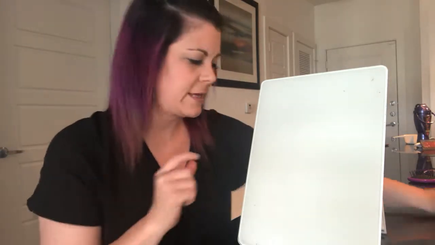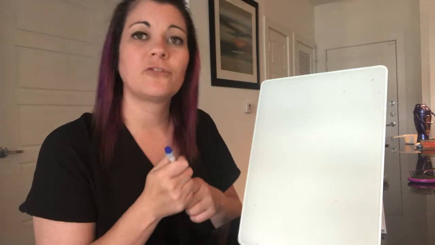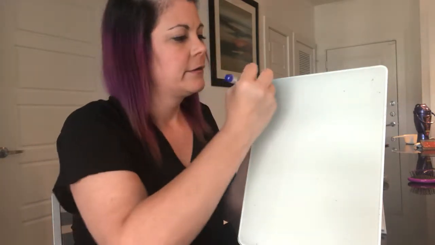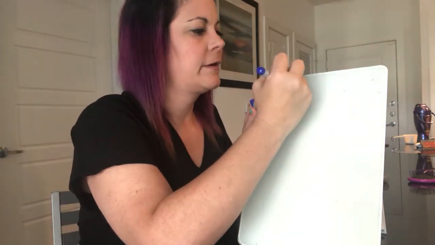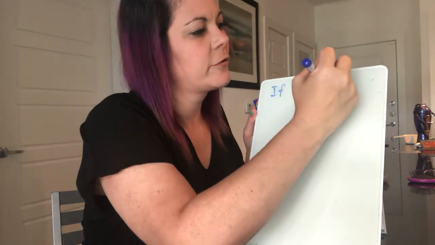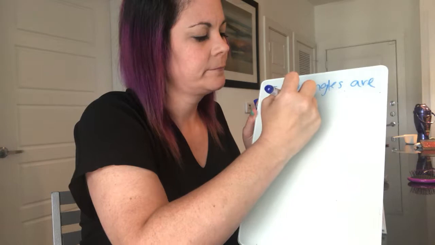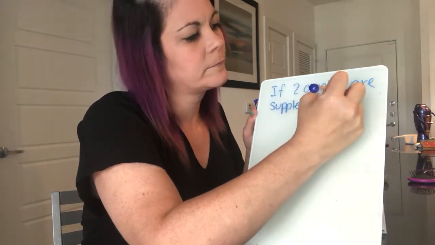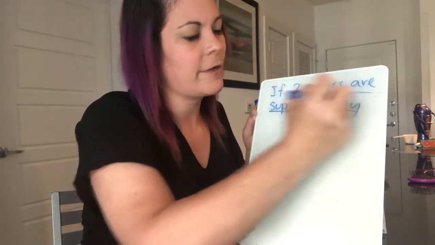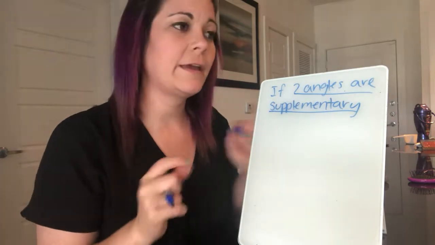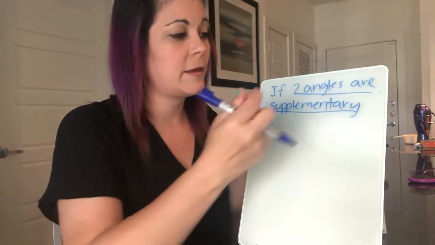The hypothesis of a conditional statement is the part that comes right after the if. So if two angles are supplementary, this is what you call the hypothesis. That is the part that comes right after the if.